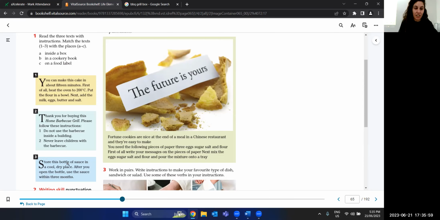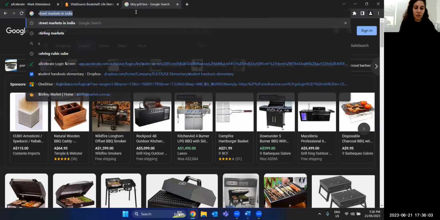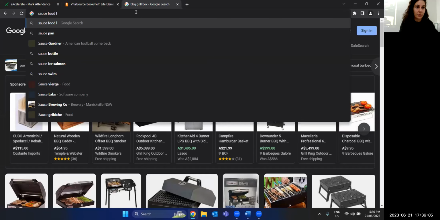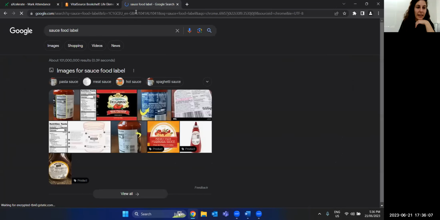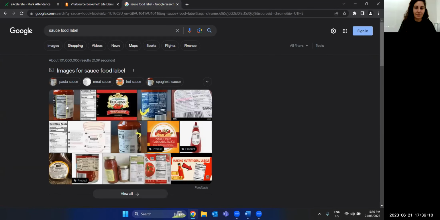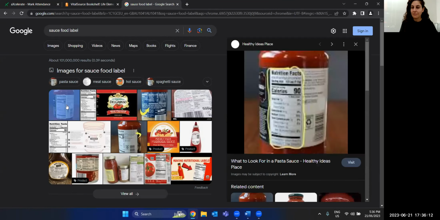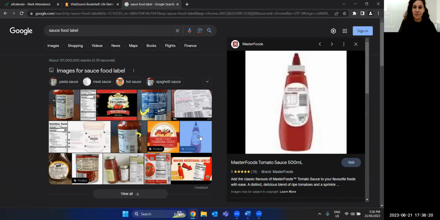So this instruction, number 3, is on a sauce food label, exactly like this. It's a bottle of sauce and it has this text, number 3.